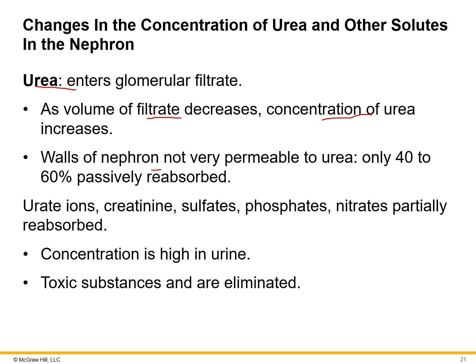The walls of the nephron are not very permeable to urea, so we're not really reabsorbing it. Only about 40 to 60% gets reabsorbed, so there's a significant amount in the urine. Urate ions, some creatinine, sulfates, phosphates, and nitrates are partially reabsorbed, but their concentration in the urine is still pretty high, not a lot of reabsorption. And then the toxic substances would not be reabsorbed. They're going to be eliminated.